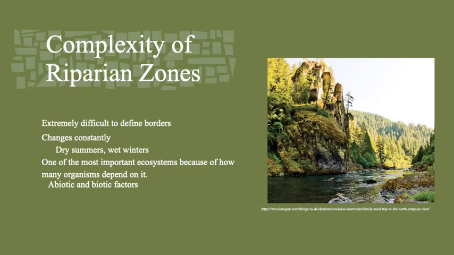And then lastly, they're so complex just because of how many factors and living and non living things depend on them. I'm going to go into more detail later on, but this includes all the species that live in these areas, plants and animals. They also help regulate things like nutrient cycling and energy cycling through the environment.